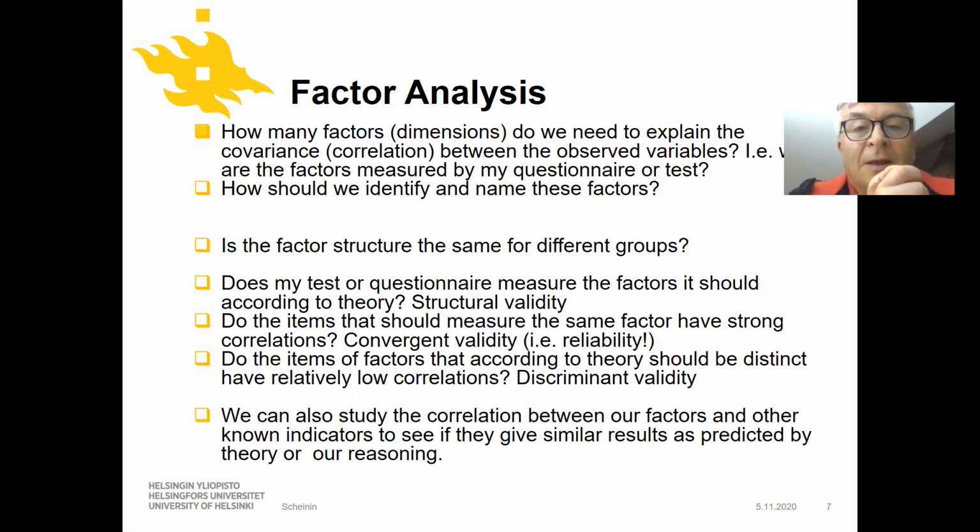All right. So, factor analysis. How many factors, dimensions do we need to explain the covariance, the thing that two or more variables correlate?